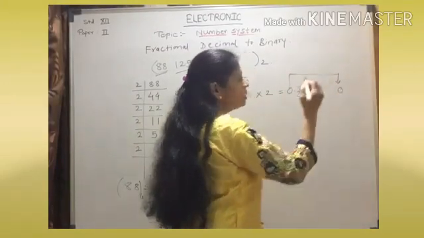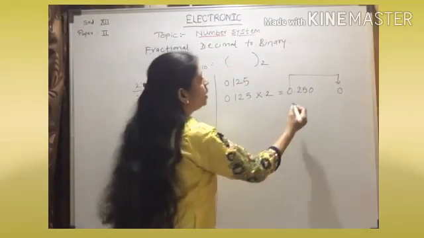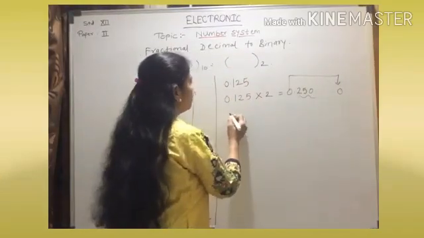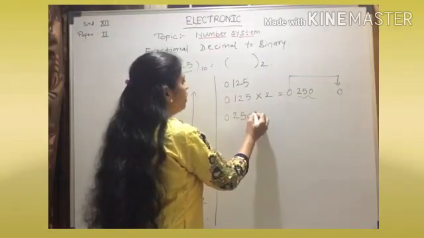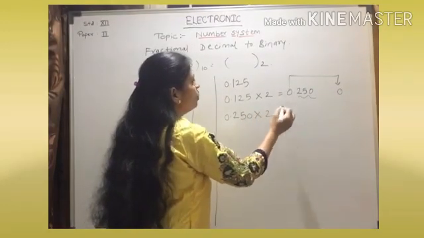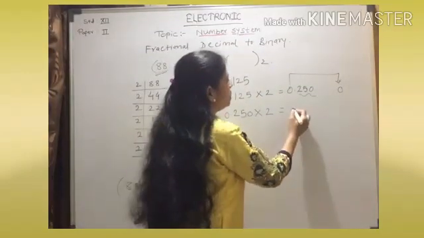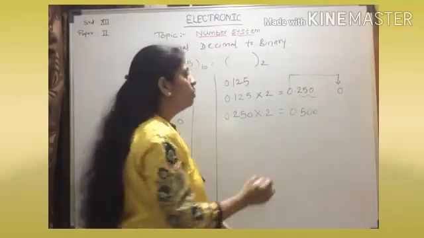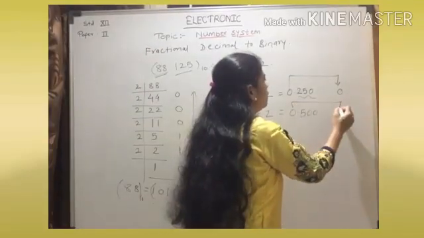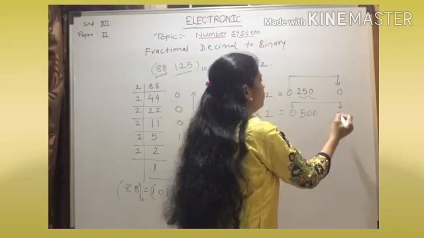We got here 0. Now again take this fractional part. This is 0.250 into 2. So we got here 0.500. Now take this integer part, that is 0.